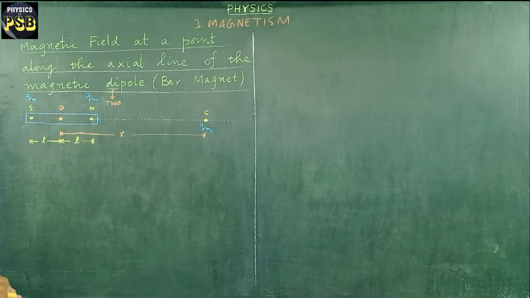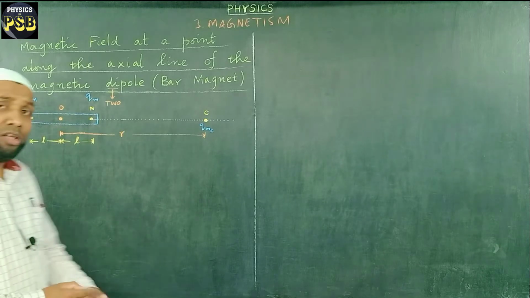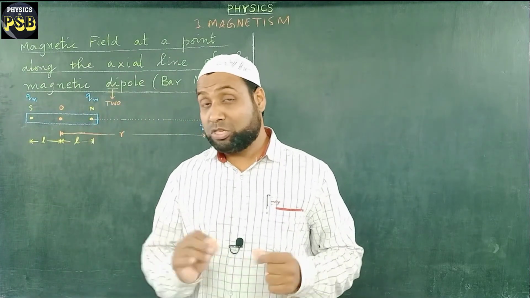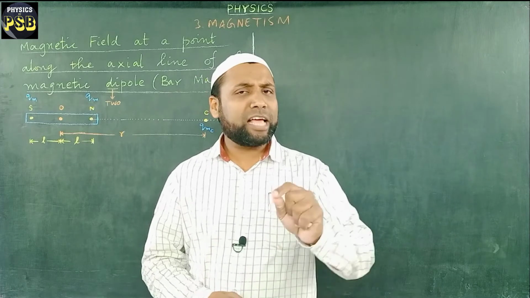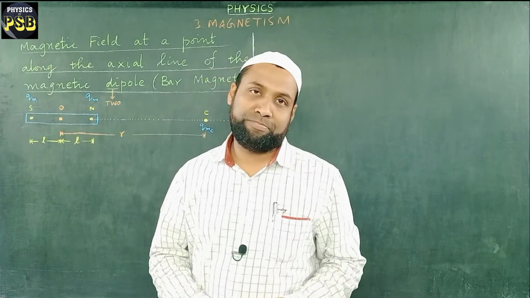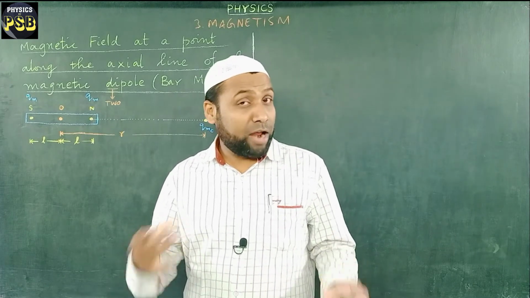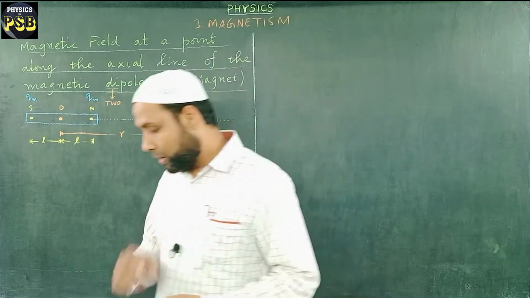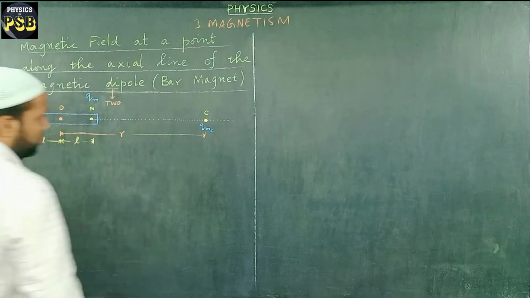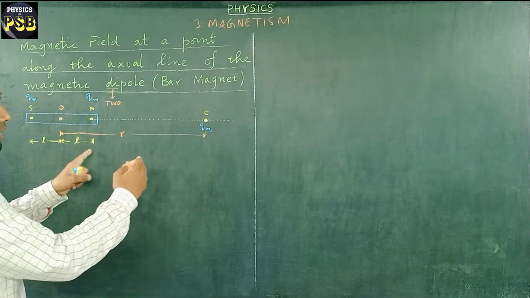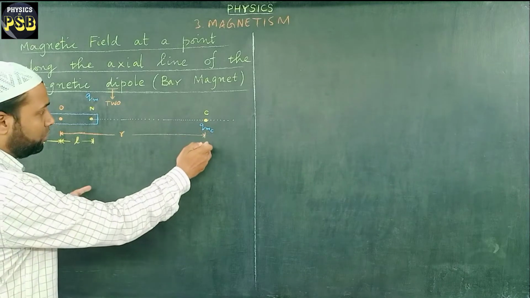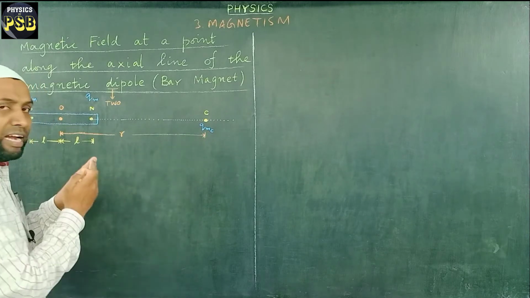Now I go ahead. We know very well, when two magnetic poles are brought close to each other, there exists a force. The force may be attractive or repulsive depending upon the type of poles. Clear? Now here, when we bring like poles, similar poles, here I have the north pole. When it is brought near the north pole, it will repel.